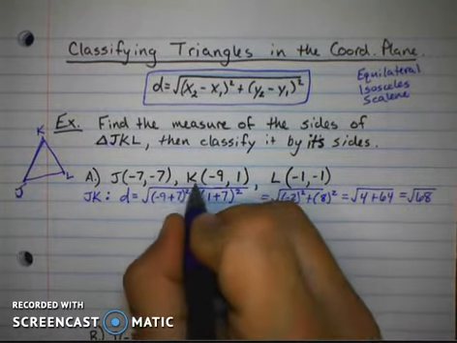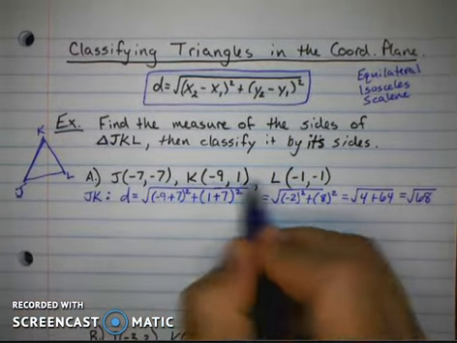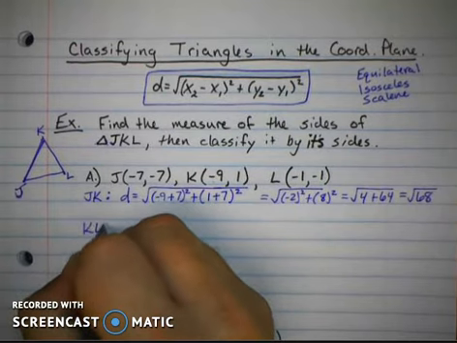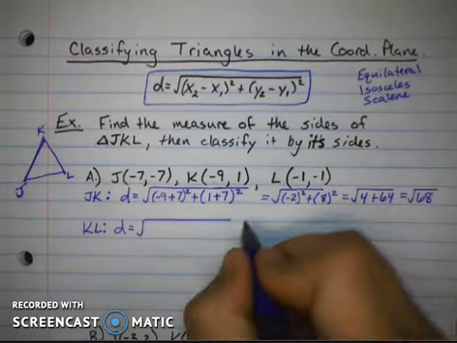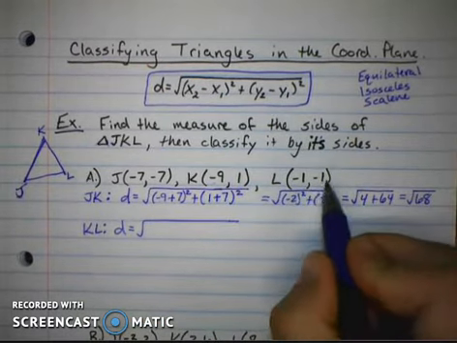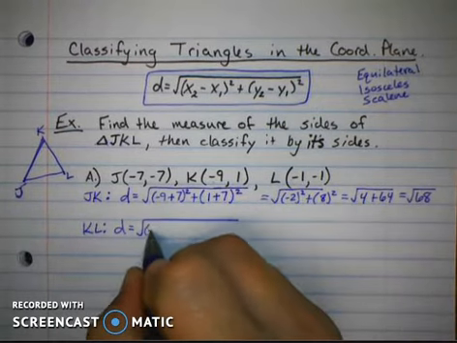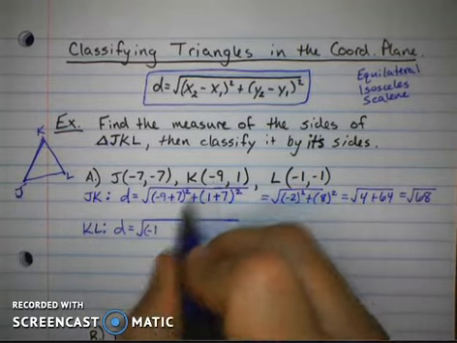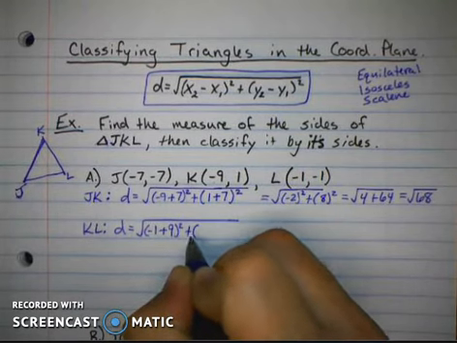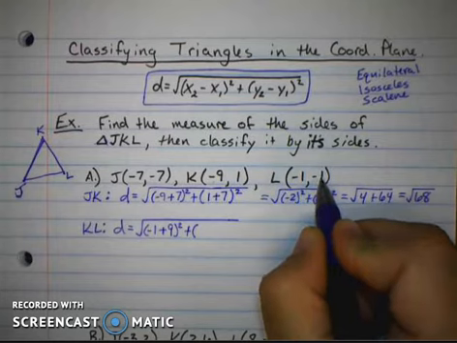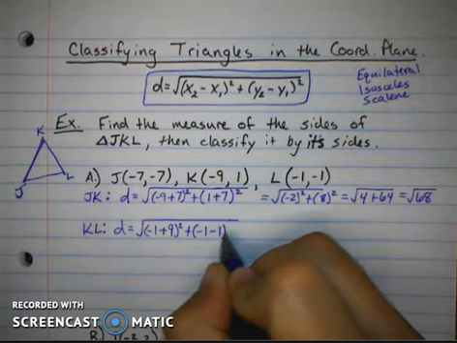So now we're going to go and take a look at the distance formula for side KL. Okay, so we're going to use the second x-coordinate for KL, that's -1. Minus -9 becomes +9. Then for the y values, we use -1 for the second y value, minus +1.